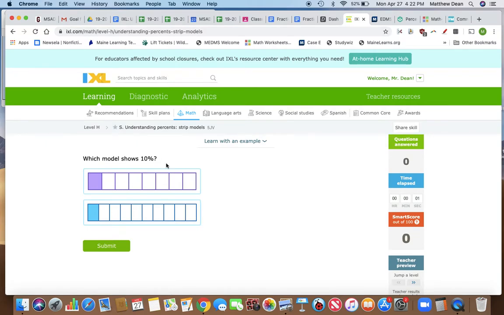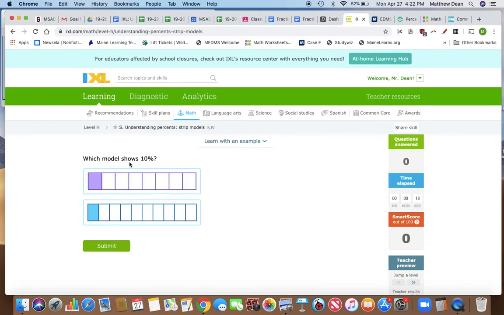All right, it says here, which model shows 10%? So we have 2 strip models here, and they both represent wholes.